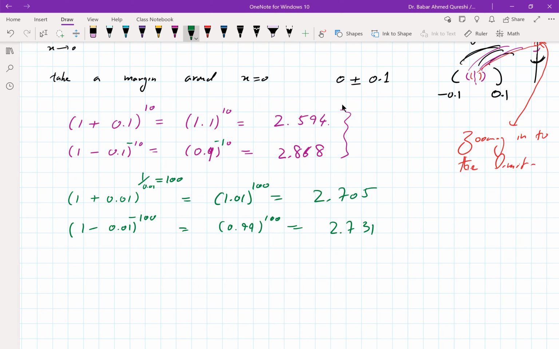Taking the power to the 100 and inverting it. That gives me 2.731. Well, actually, it gives me 2. So 0.99 to the power 100. And then inverting it.